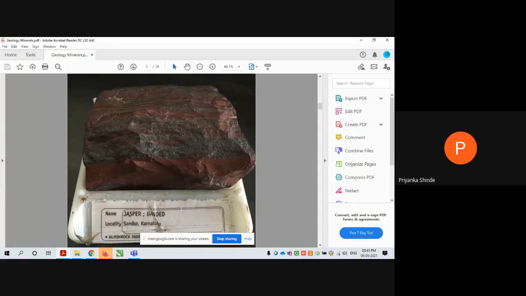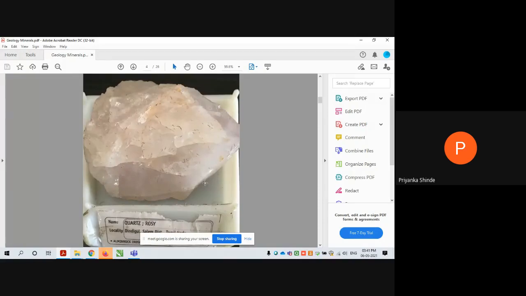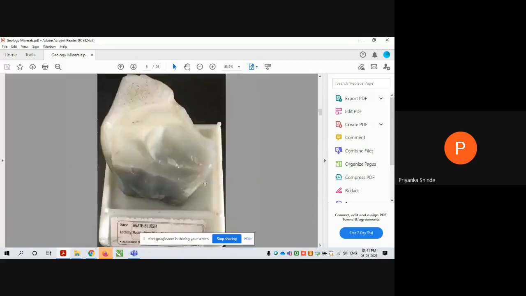Then where do they occur? That is occurrence. If you recall the chemical composition of granite, granite is an igneous rock, we all know that. If you see the composition of granite, the main composition is quartz and feldspar.